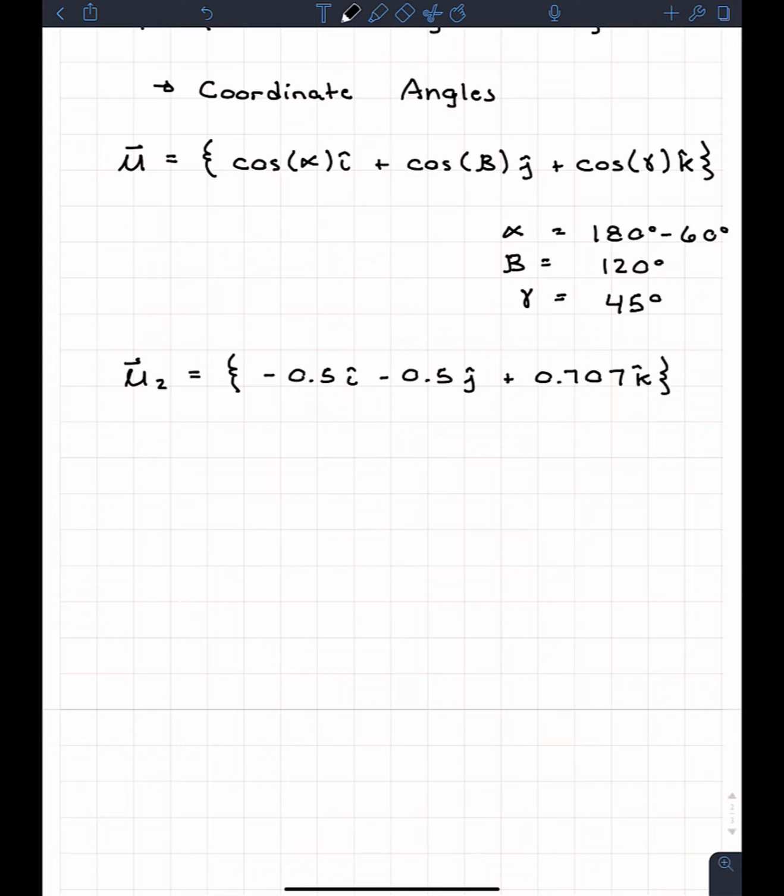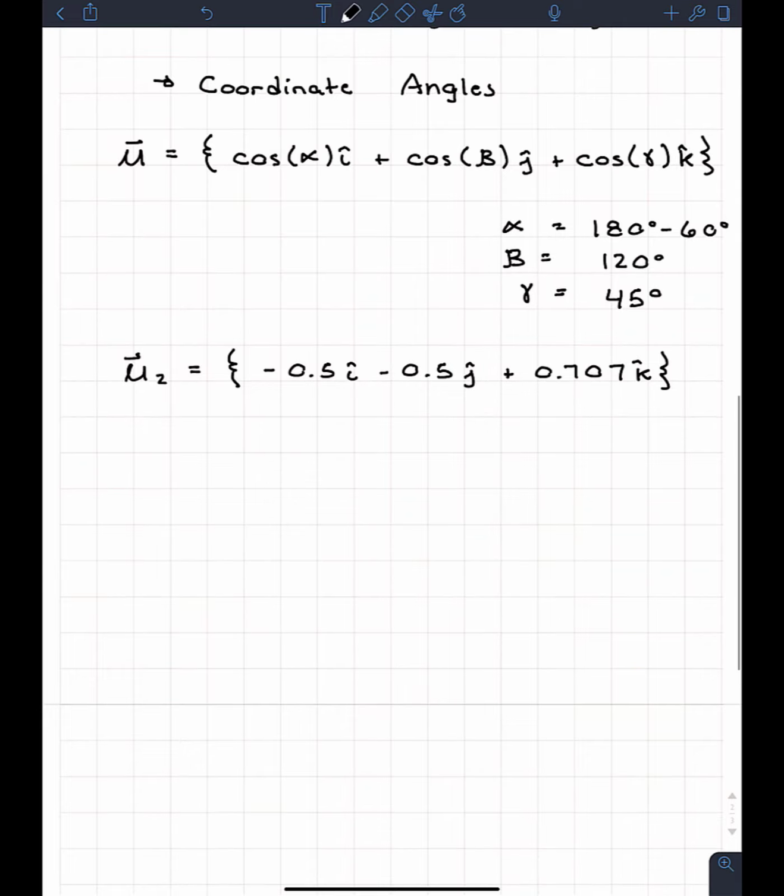Remember, unit vectors, they don't have any units. And in a similar procedure, I can find F2 by just multiplying the unit vector by the magnitude of F2, which is 150 kilonewtons, or not kilonewtons.